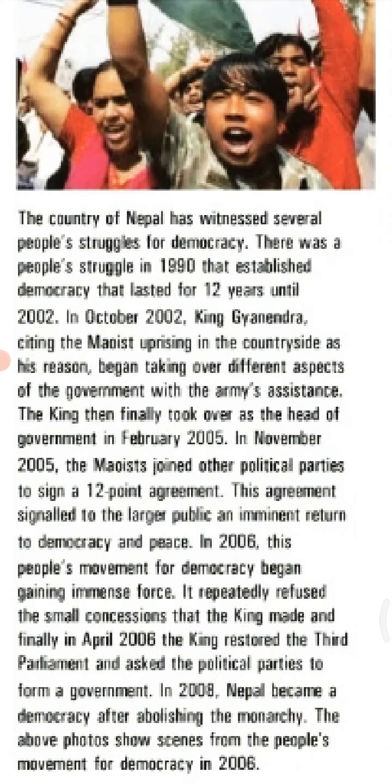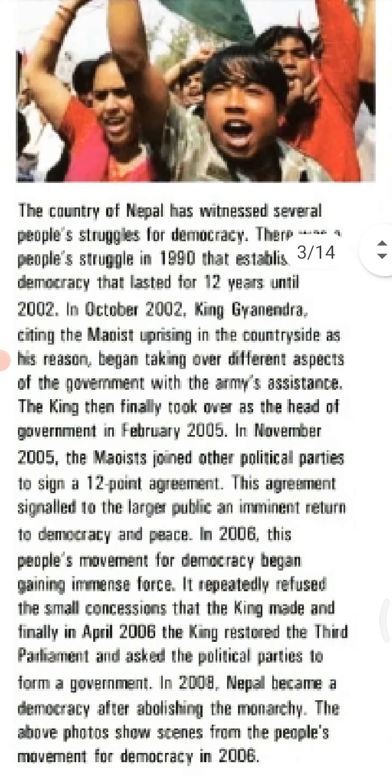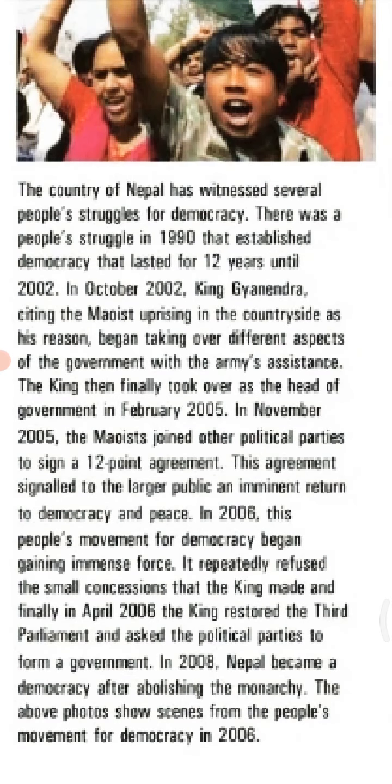In October 2002, King Gyanendra, citing the Maoist uprising in the countryside as his reason, began taking over different aspects of the government with the army's assistance. Now see, King Gyanendra started controlling the government, all the authority, with the help of the army.